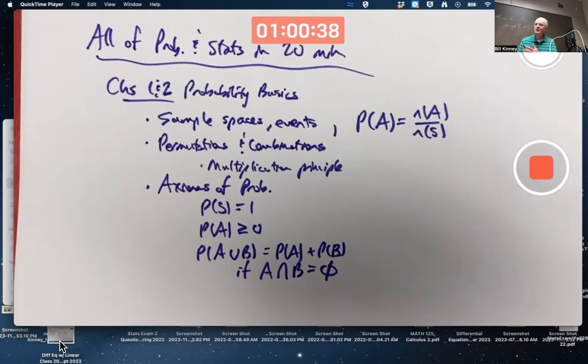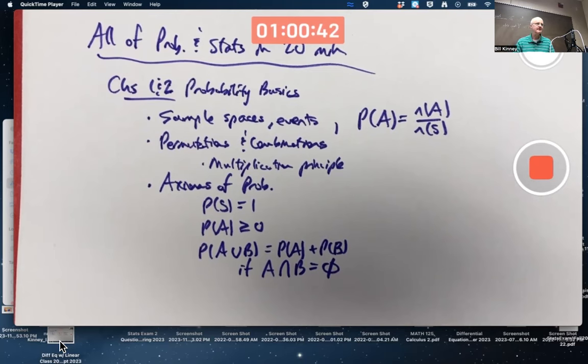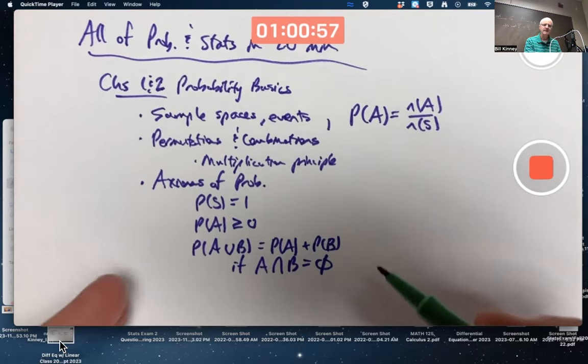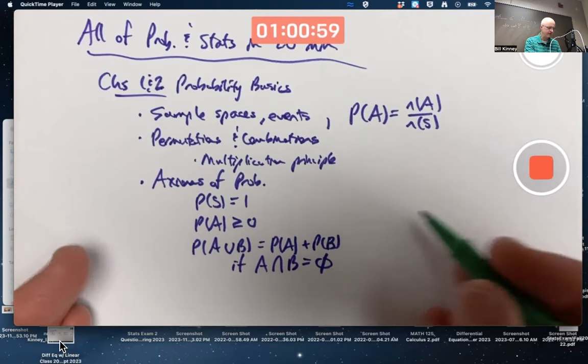This can be extended to finitely many mutually exclusive events that are pairwise mutually exclusive. And even infinitely many, as long as it's countably infinite. You can use these things as axioms, meaning you assume they're true, to prove other things.